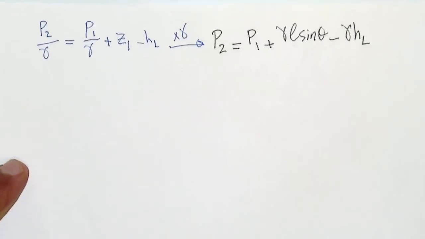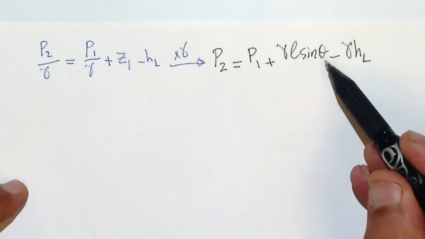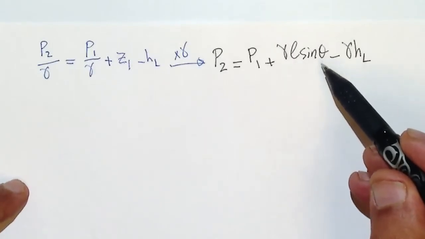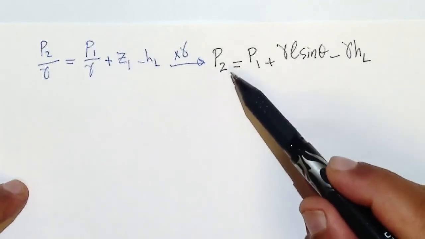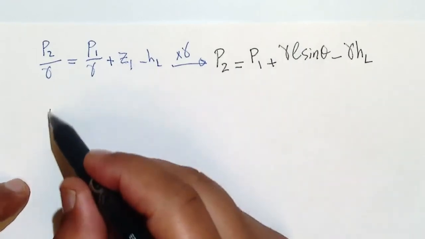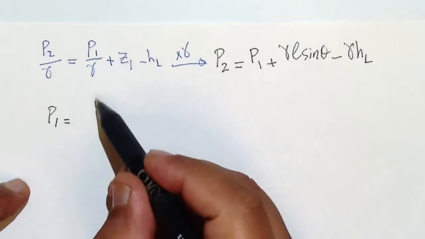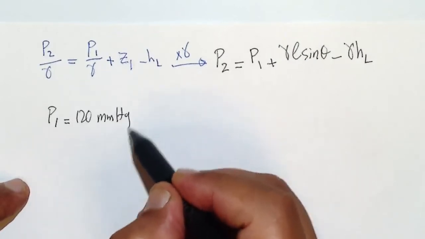Okay, so what we know here is that L is given. Theta depends, for part A and part B could be different, but it has to be given because you have one equation, and P2 is the only thing that is asked for. P1 is given, P1 is 120 millimeter Hg.